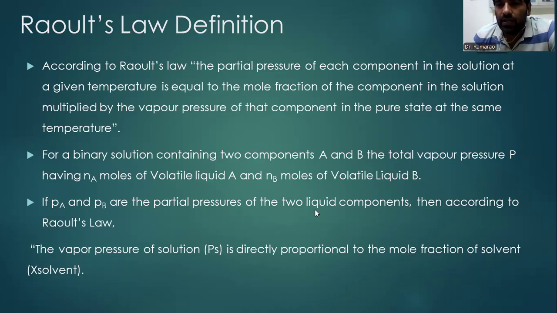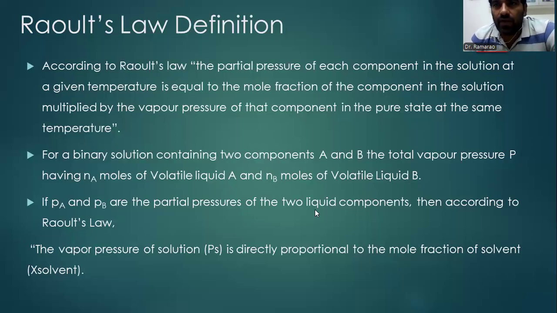Then it should obey Raoult's law, and the activities of the components should be equal to their mole fractions. Also, no dissociation or association should take place in ideal solutions.